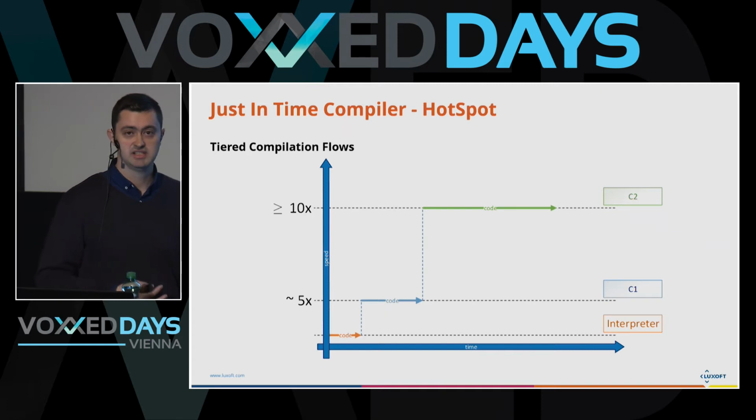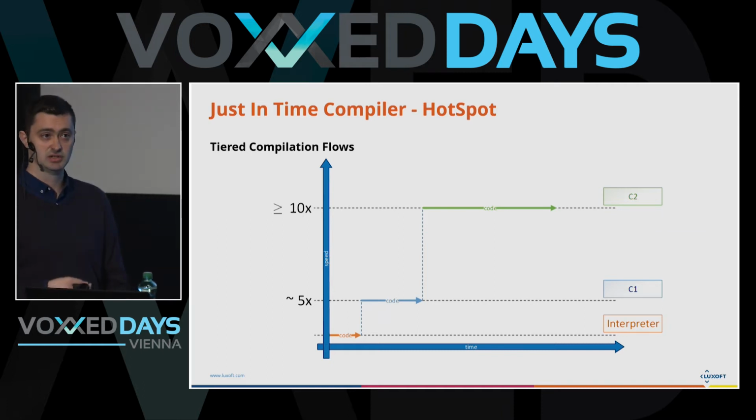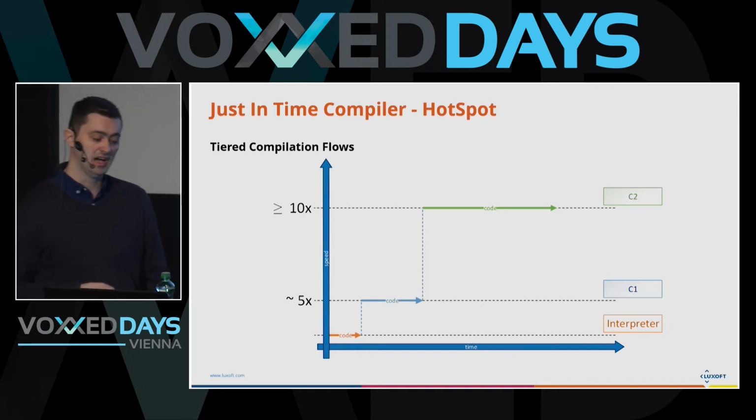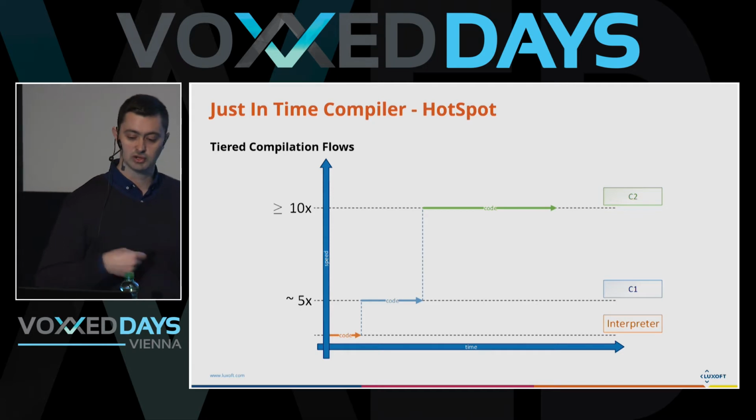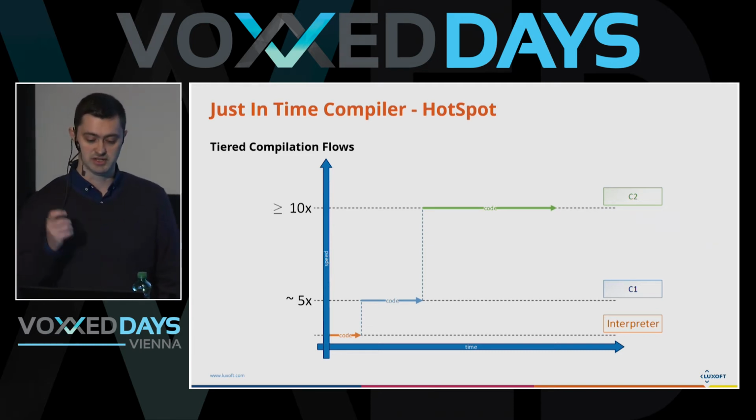In some cases, it might reach like 100 times more than the interpreter. But of course, it makes a lot of assumptions. It also does a lot of optimizations, so it needs more context. By context, I mean a larger number of iterations.